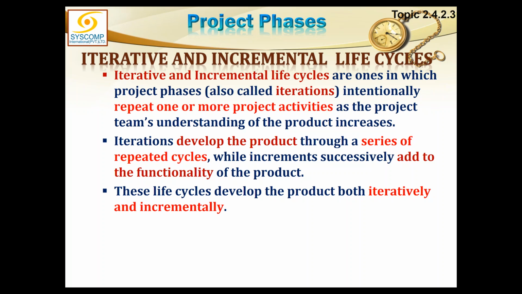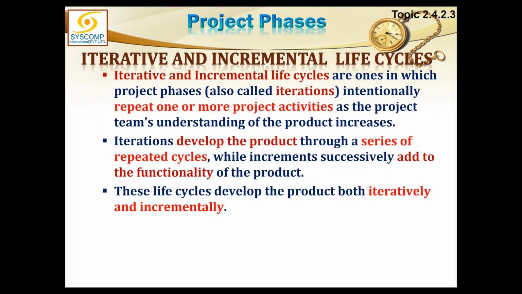So intentionally repeat one or more project activities as the project team's understanding of the project increases. So we keep learning by doing and improving and moving towards the next iteration. Iterations develop the product through a series of repeated cycles, while increments successively add to the functionality of the product.